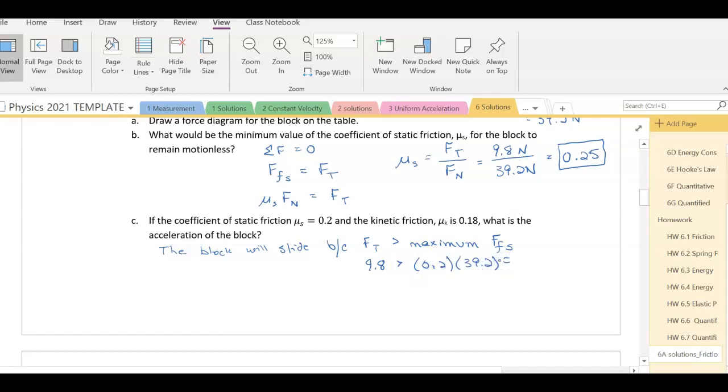Let's see what that is: 0.2 times 39.2 is 7.84. So therefore the block will slide.